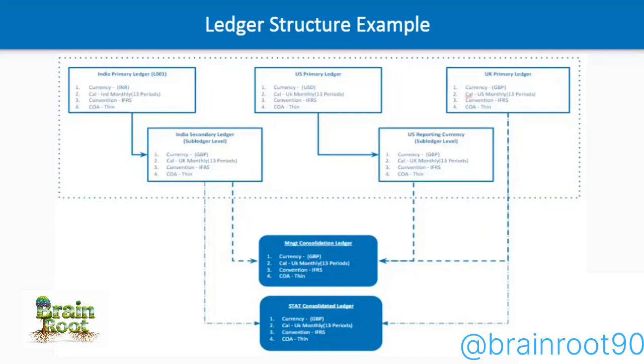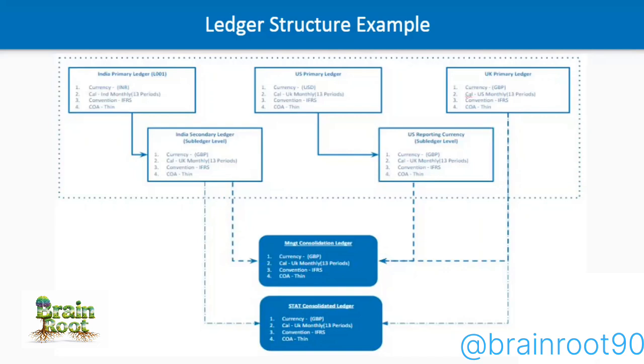And yes, on this slide, there may be a requirement. If you consider, in this case, what is the currency for stat? I will explain the stat currency separately. But here the stat is something different, which is the statutory consolidation ledger.